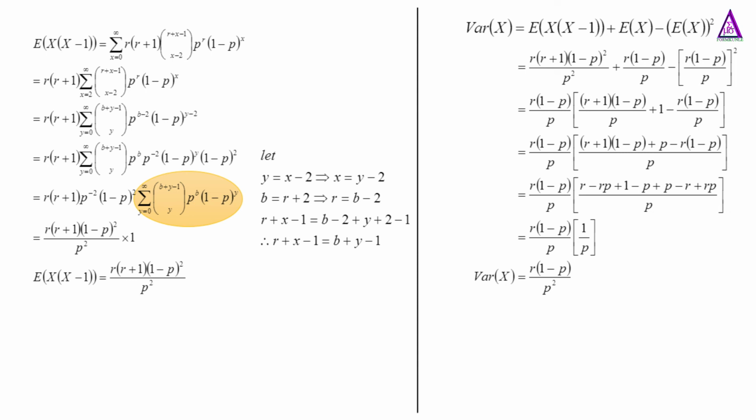So by opening all the brackets up, we have this equation, and by the calculation, we have into the bracket 1 over p. By multiplying this together, we see that the variance of the negative binomial distribution is equal to r into bracket 1 minus p divided by p squared.